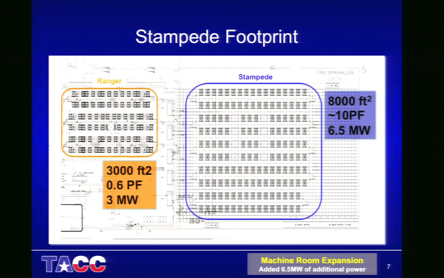So back in 2008, we deployed a system called Ranger, which is about a half petaflop system. It cost $30 million. And when it debuted, it was number 4 on the Top 500. It was about 3,000 square feet, took about 3 megawatts, and as I said, it was about, I think, 568 teraflops total.